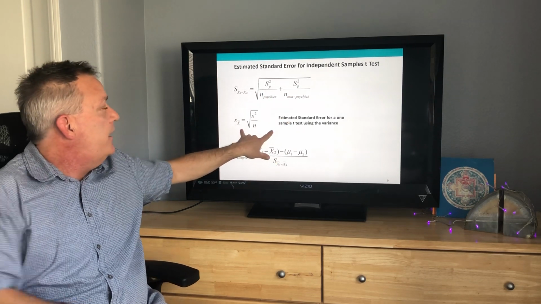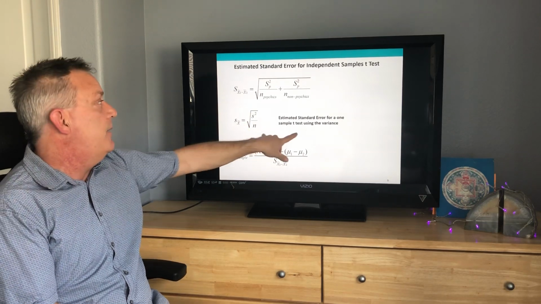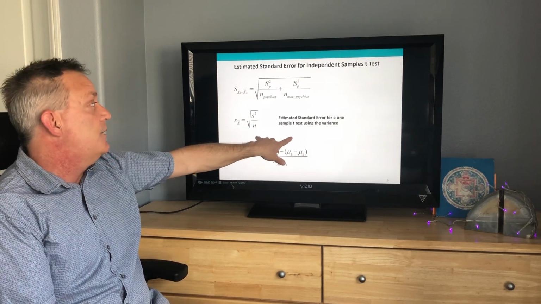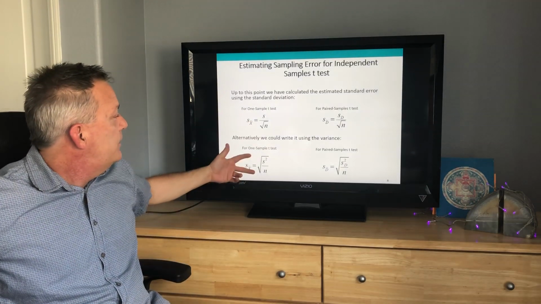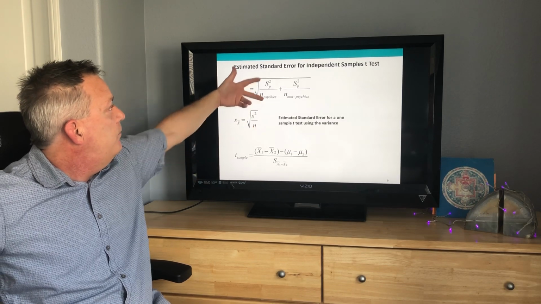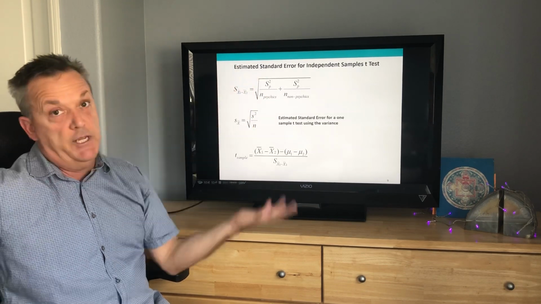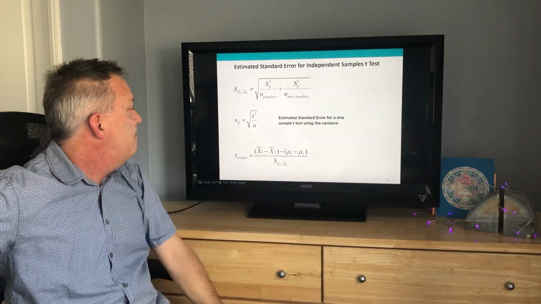And as you can see right here, it's hardly any different than the estimated standard error for the one sample t-test using the variance. That was the variance written that way. It's the same thing, but it's using the variance instead of the standard deviation, and we're pooling it together.